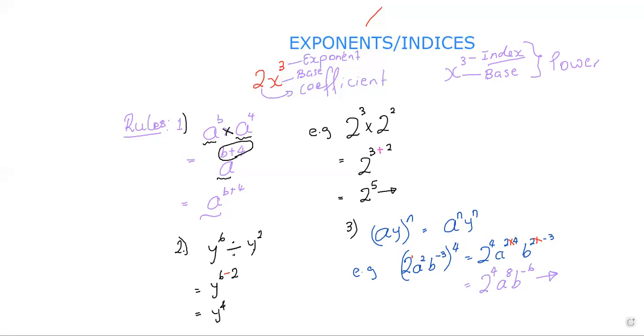Let's go and have a look at another rule. Another rule says, same power law, a over b to the power of m. This is a to the m over b to the power of m.